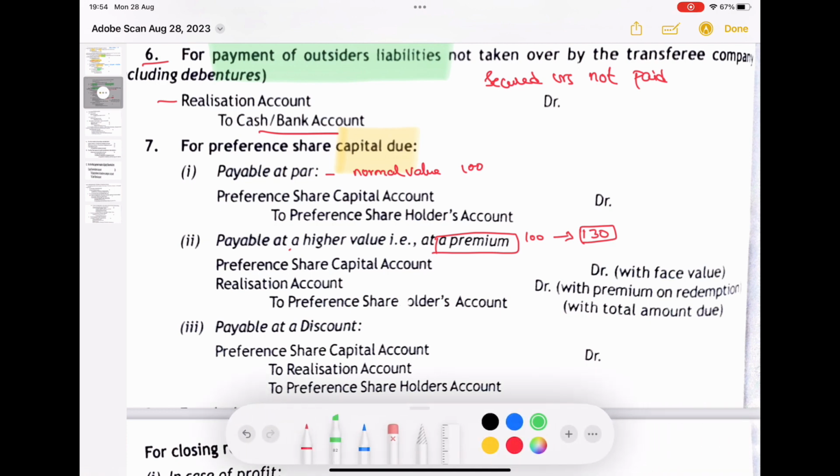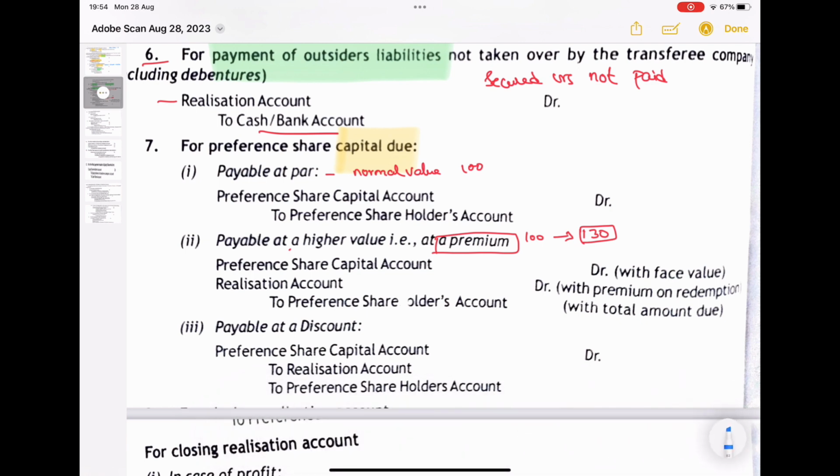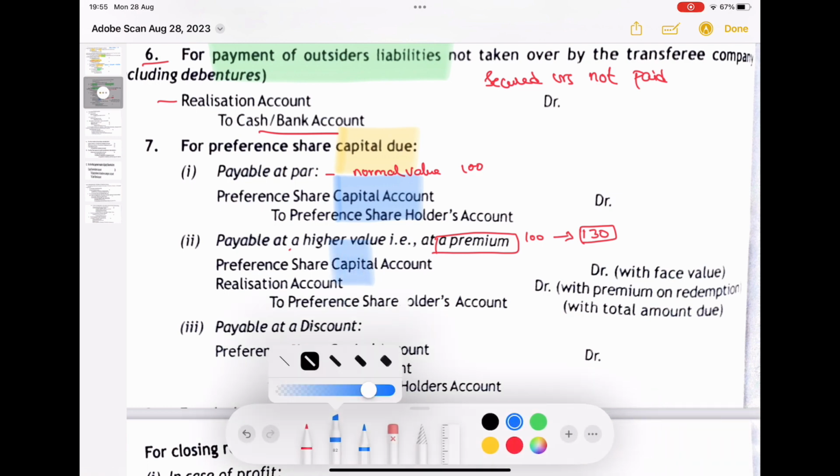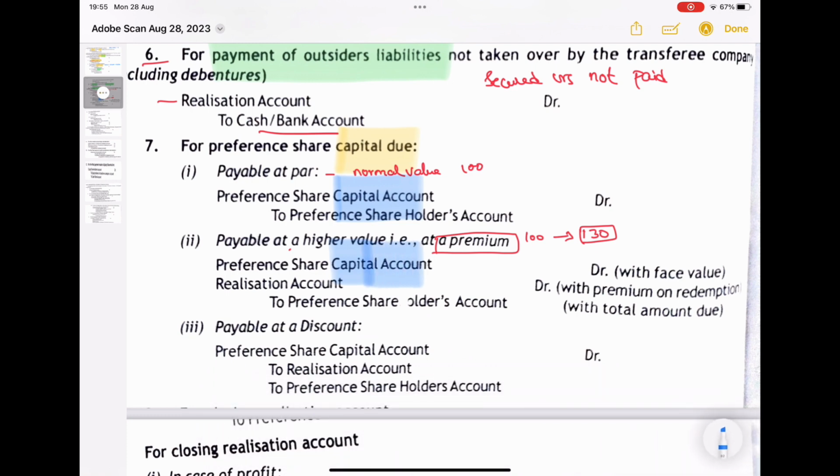See here, the capital accounts are debited, isn't it? Why is it debited? Always capital and sales are on the credit side, isn't it? Why are we debiting here? Because we are redeeming their capital, we are repaying them.